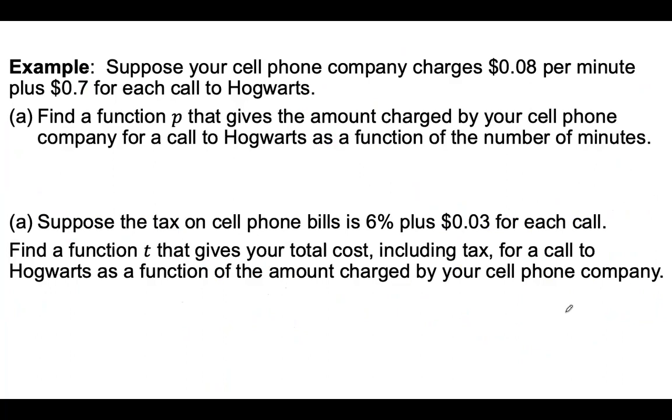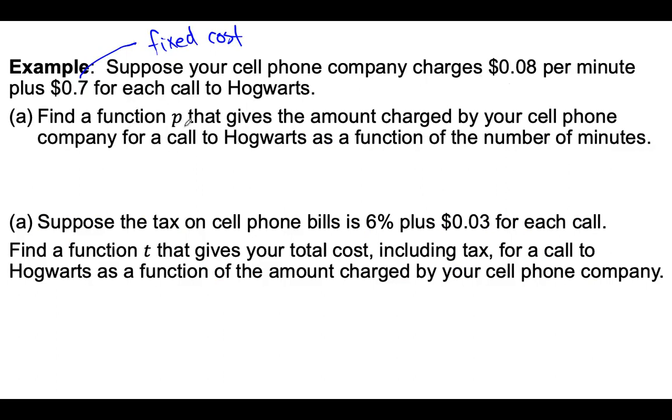Now, suppose your cell phone company charges you 0.08 per minute plus 0.7 for each call to, let's say, Hogwarts. So it charges you this fixed cost plus per minute charging, and that's the cell phone company.